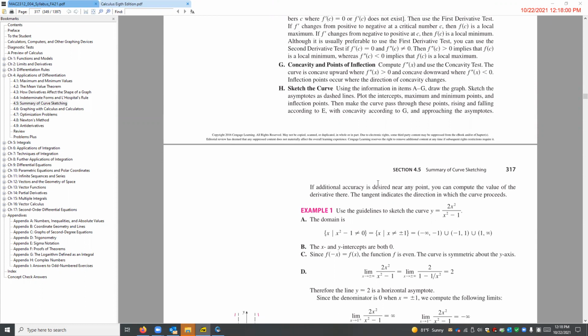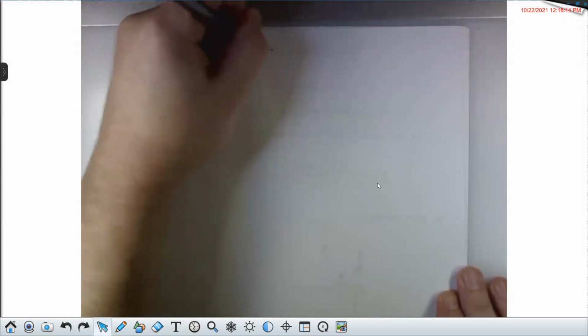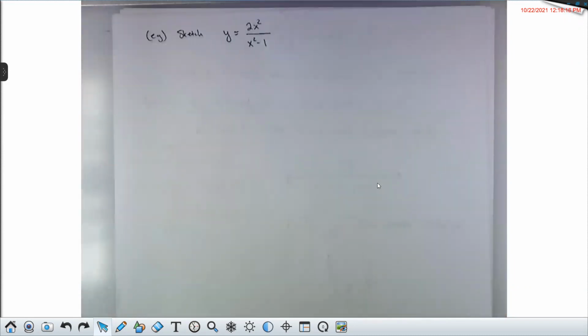But let's see if we can't sketch this guy. And what I want to do is find all of the features we've talked about. Intercepts, asymptotes, intervals of increase, decrease, mins, maxes, inflection points, and intervals of concave up and concave down.